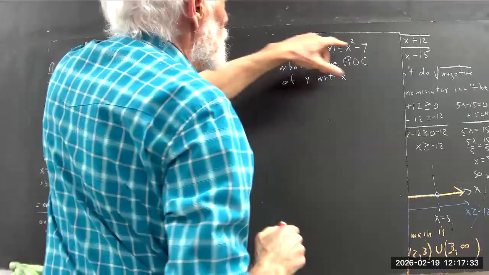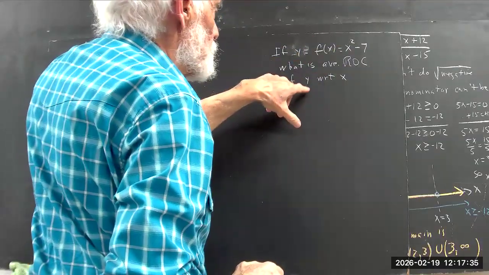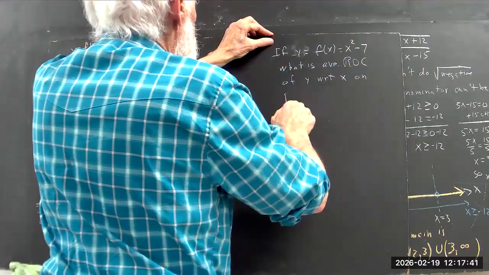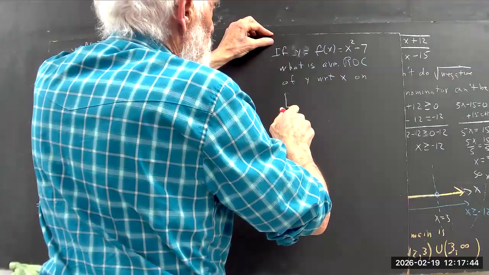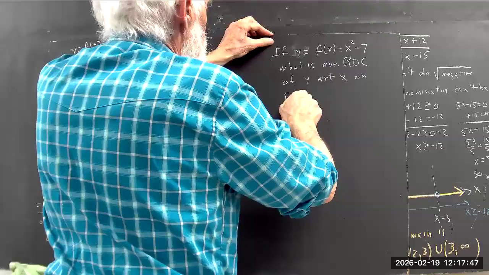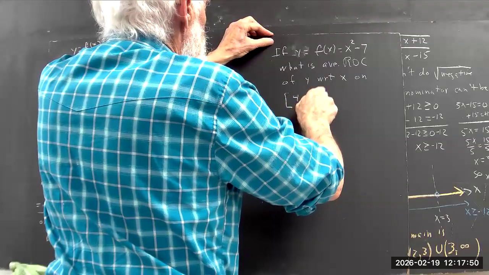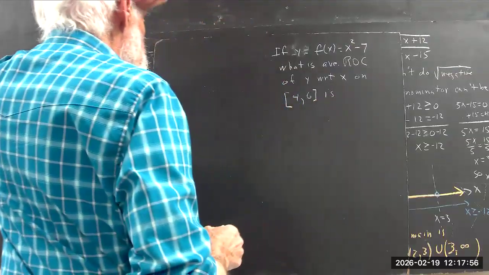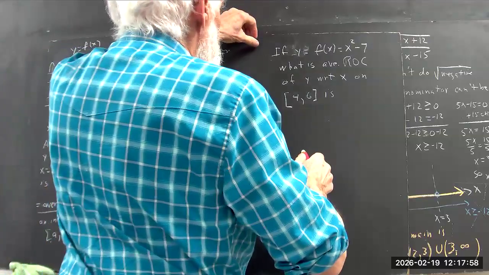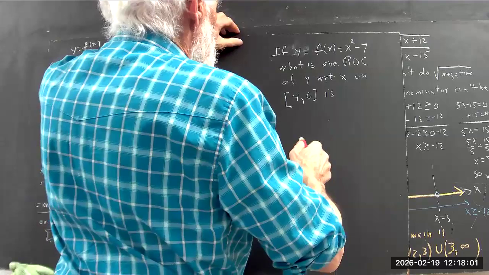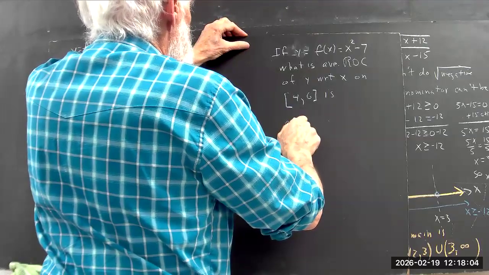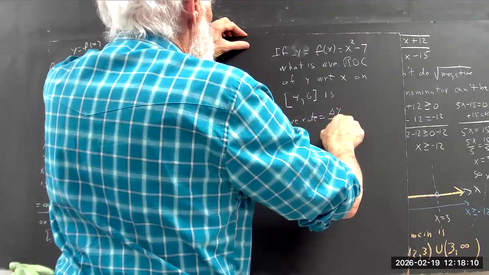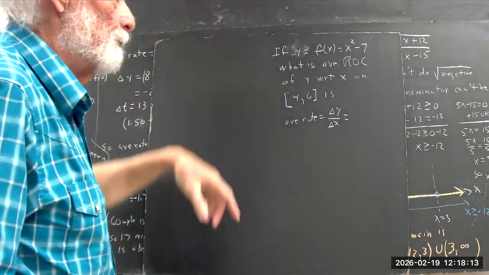If y equals f of x equals x squared minus 7, then the average rate of change of y with respect to x on the interval from, let's say, 4 to 6 is... average rate is delta y over delta x.